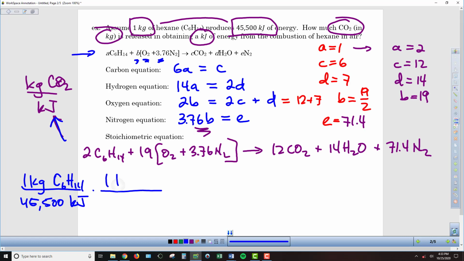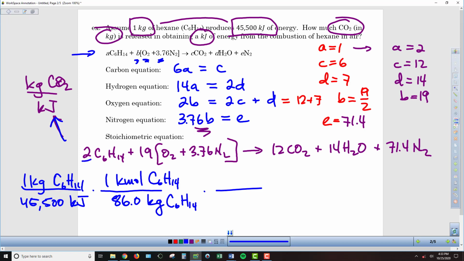So we have 1 kilomole of the hexane over its molar mass, which is 12 times the 6 carbons plus 14 hydrogens gives us 86 kilograms of the hexane. So we can include that there. Now I need to convert from moles of hexane to moles of carbon dioxide.